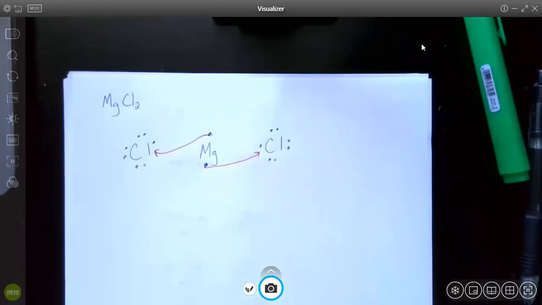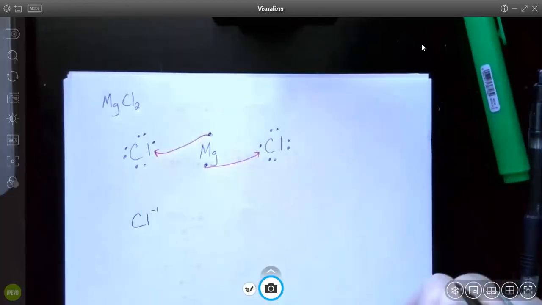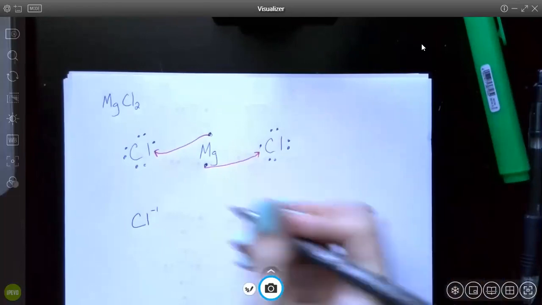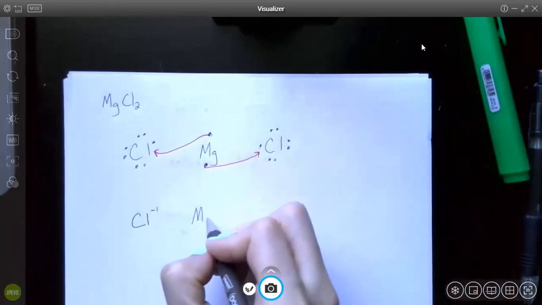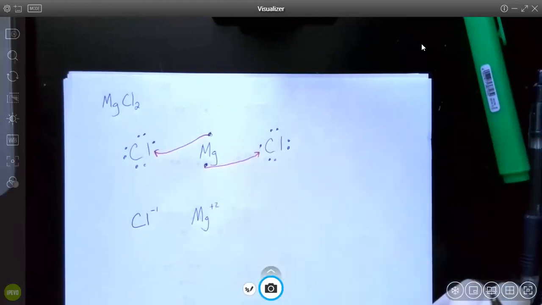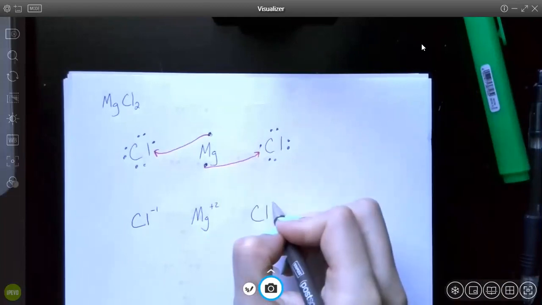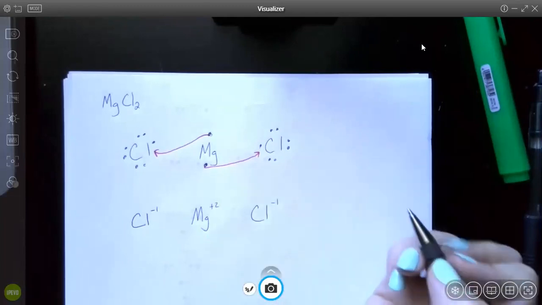Once that happens, our chlorine ends up with a charge of -1 or 1 negative. The magnesium is going to have a charge of +2 or 2 plus because it's lost 2 electrons. And then the other chlorine will also have a negative charge.